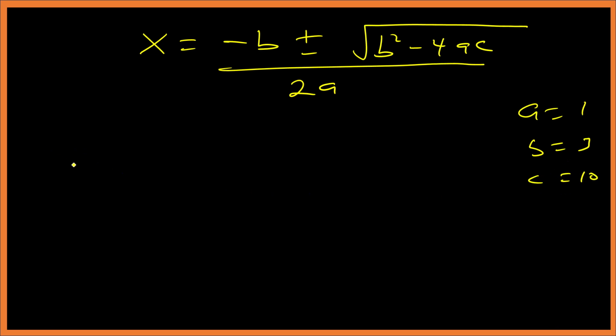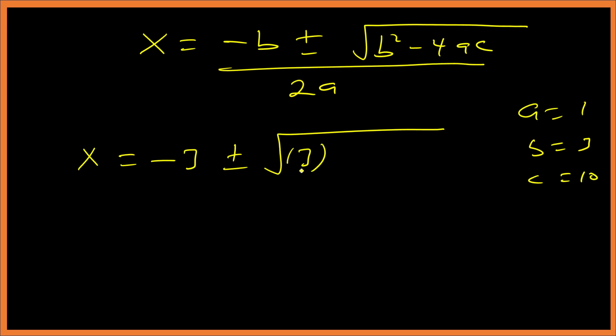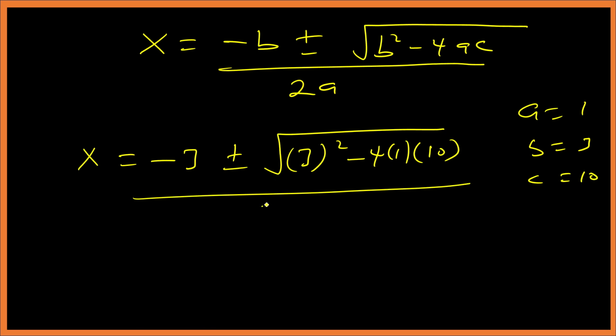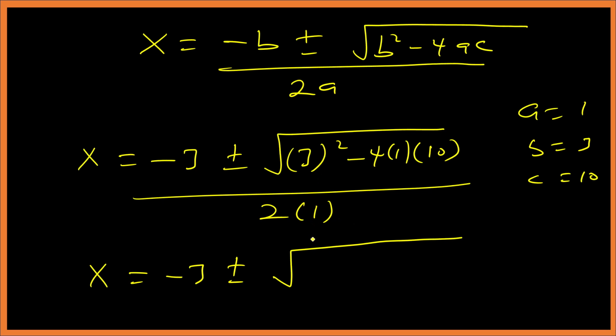So let's do the substitution. x equals minus b, minus 3, plus or minus square root of 3 squared minus 4 times 1 times 10, over 2 times 1. So minus 3 plus or minus 3 squared here will be 9, minus 40, over 2.